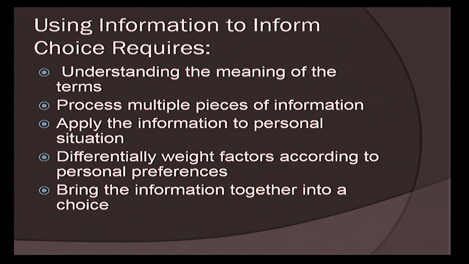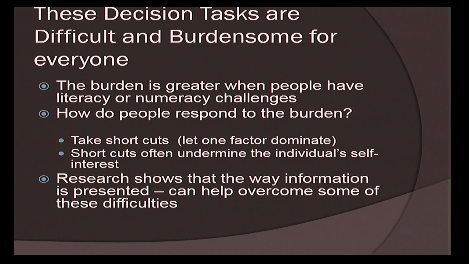And then finally, we have to bring that all together into a choice. So these kinds of decision tasks are difficult for human beings. We're not really wired up to do this very well. And of course, the burden is greater for people who have literacy and numeracy challenges.